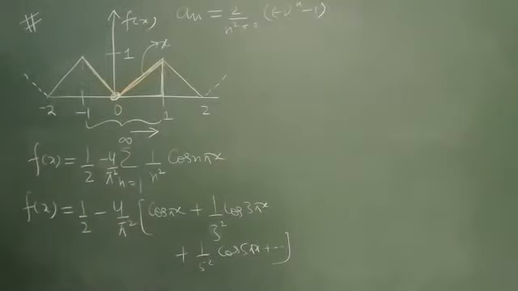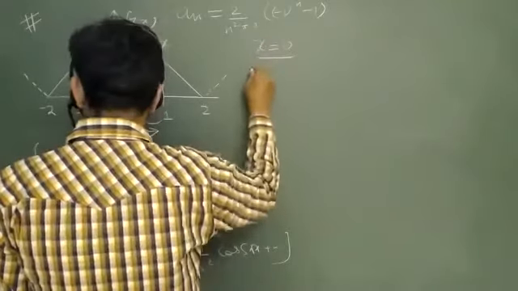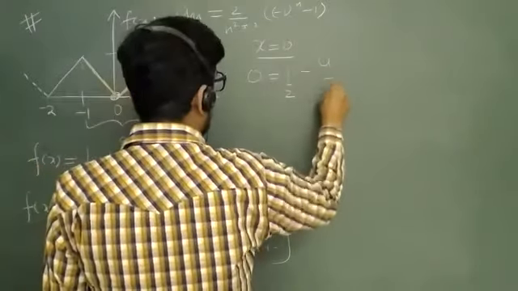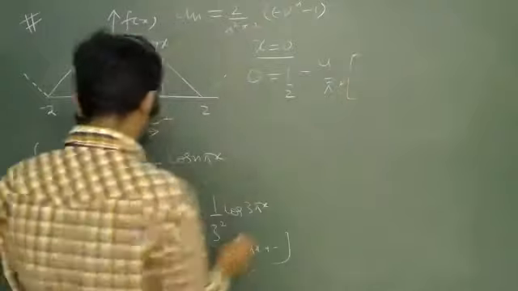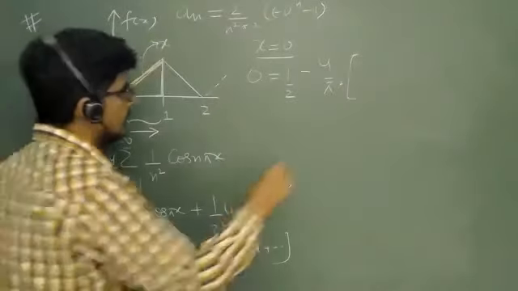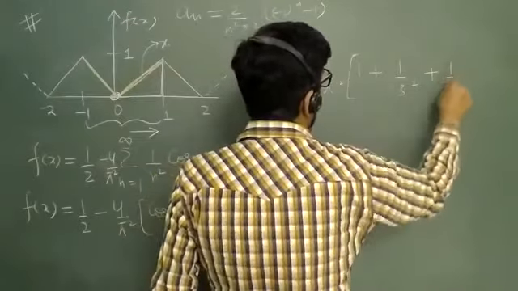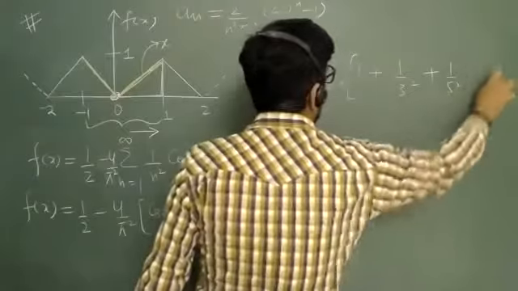0. 0. So if I put x is equal to 0 in this series, I will get 0 is equal to half minus 4 by pi squared times 1 plus 1 by 3 squared plus 1 by 5 squared and so on.